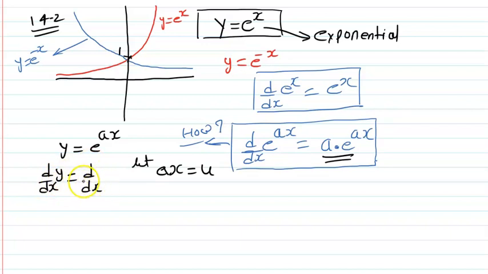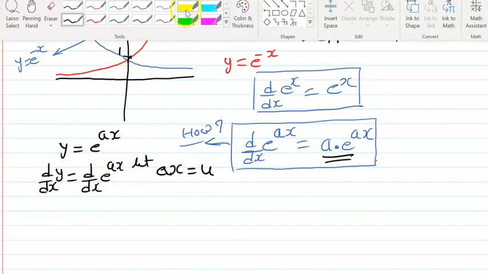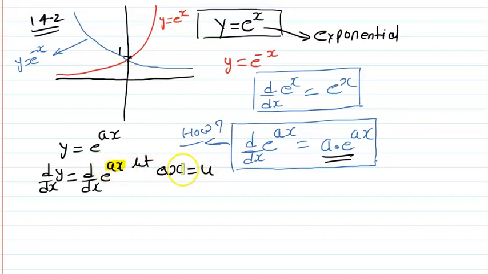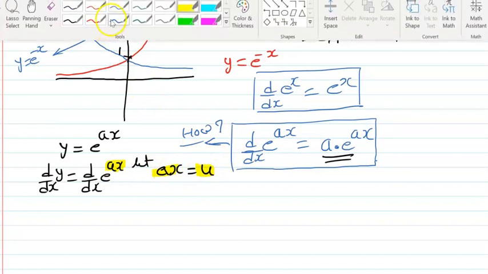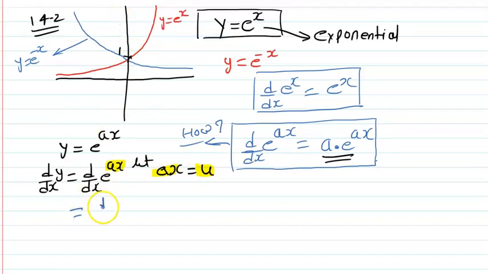So d over dx of e to the power ax, but our ax is u, so let's put u here. So d over dx is e to the power u, right?